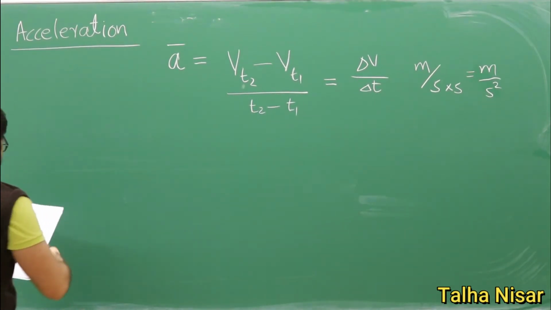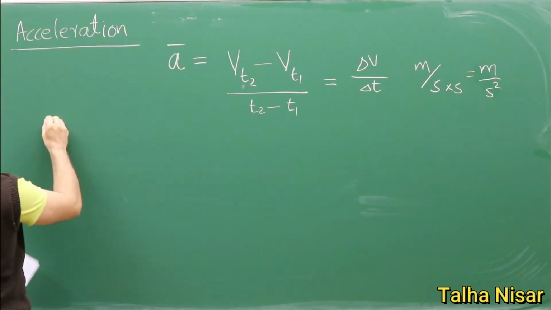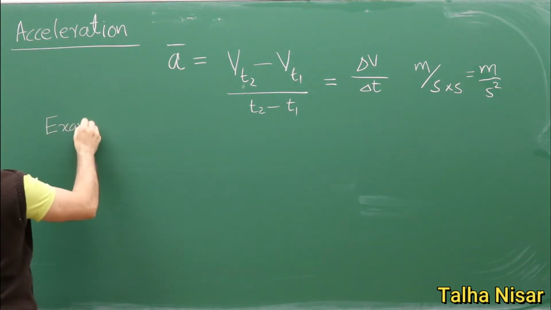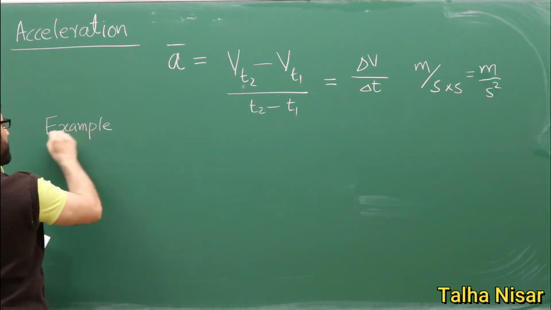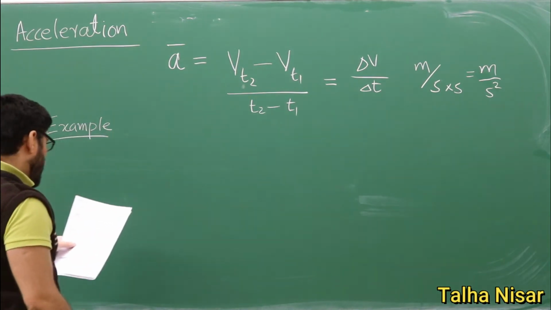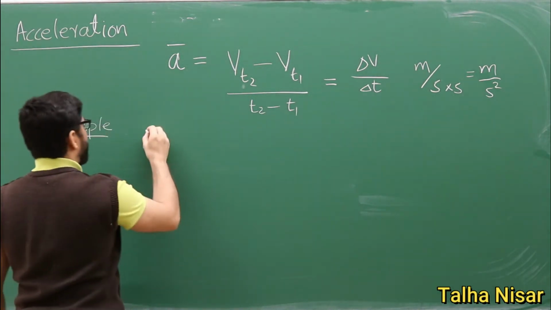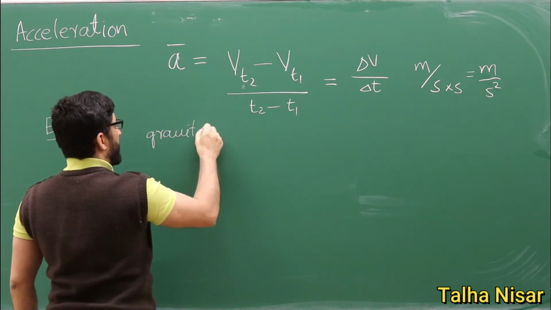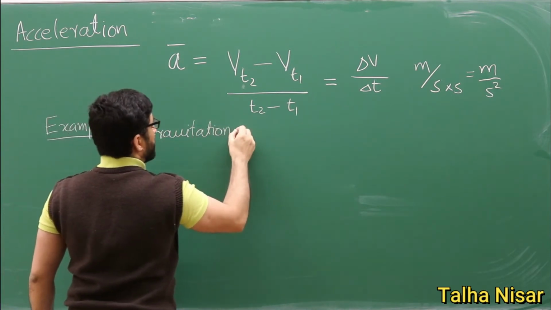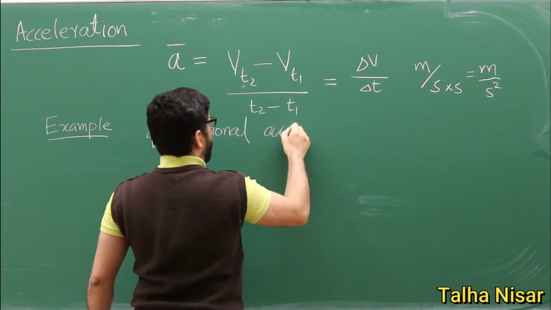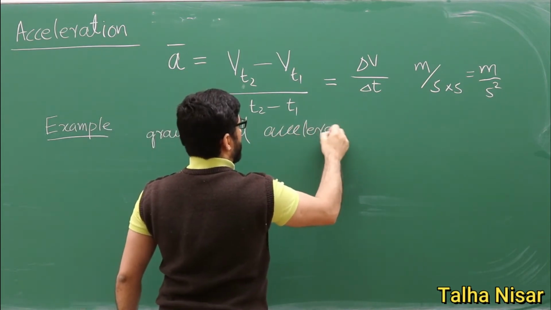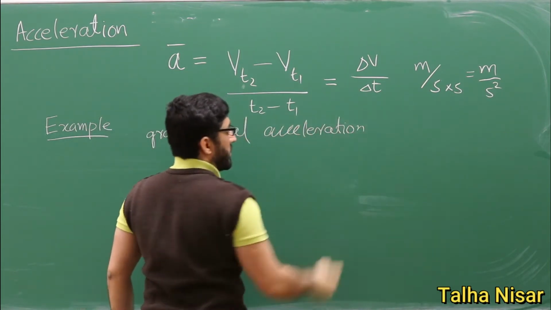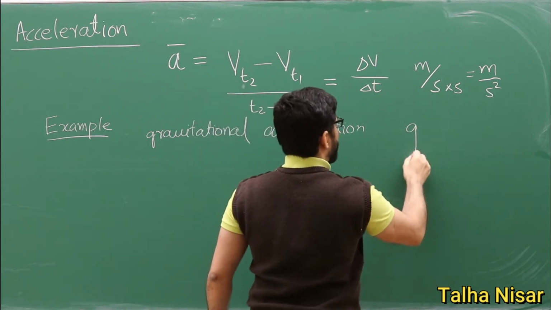And now we can take the example of the gravitational acceleration, which is represented by g.